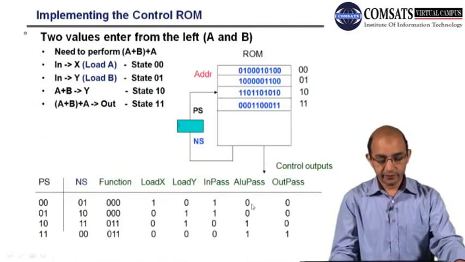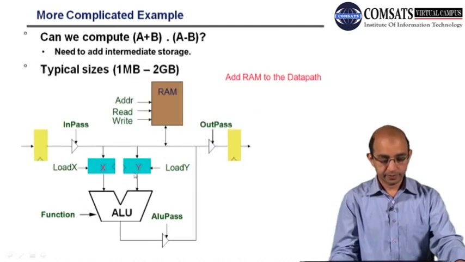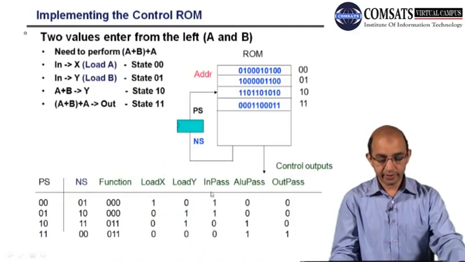Then whenever we have to load Y, in pass is 1, so it means the second number has to be loaded here. Next, the second number has to be loaded here, and again we have in pass 1.